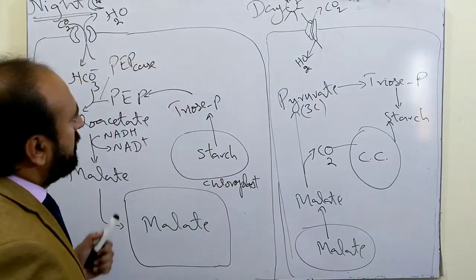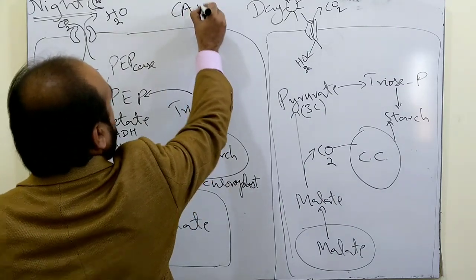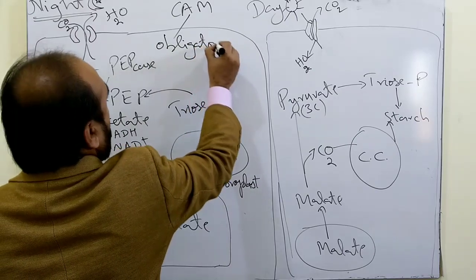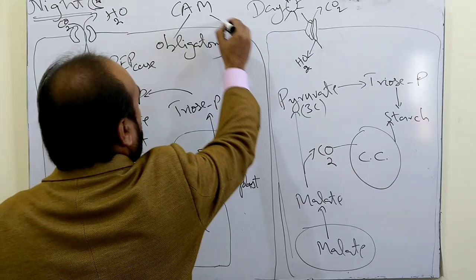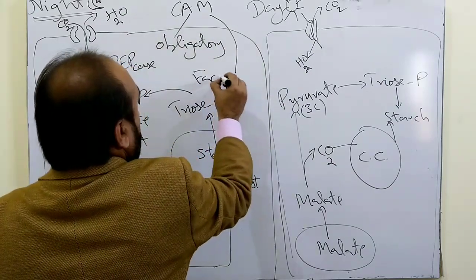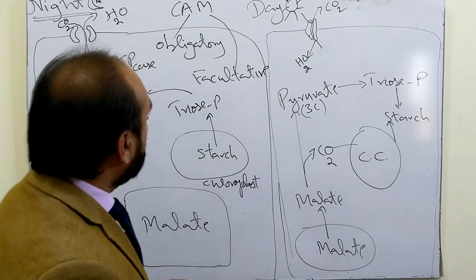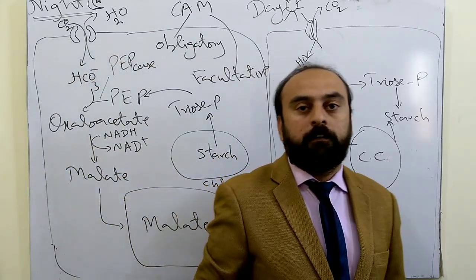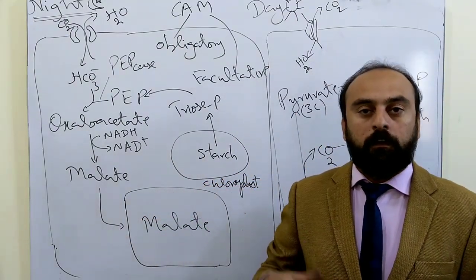Some of the CAM plants are obligatory, like cactus plants, so they only have the CAM pathway, and some are facultative, they can switch their mode. For example, the ice plant is a C3 plant. It has a C3 mechanism.